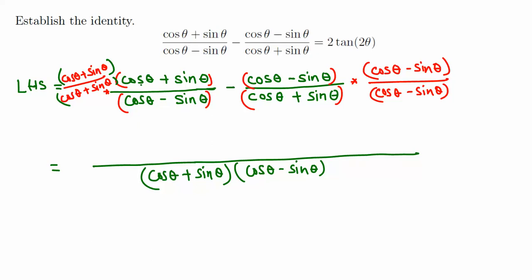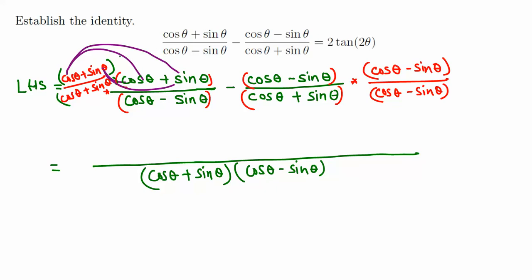Remember, this is not simply cosine cosine plus sine sine, no, we need to FOIL. We need to multiply cosine plus sine by cosine plus sine. So you multiply first, outer, inner and last, and same thing here.